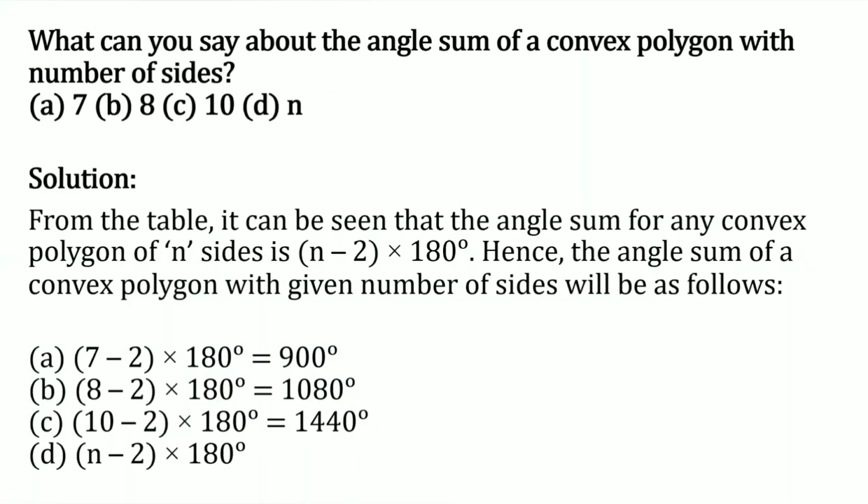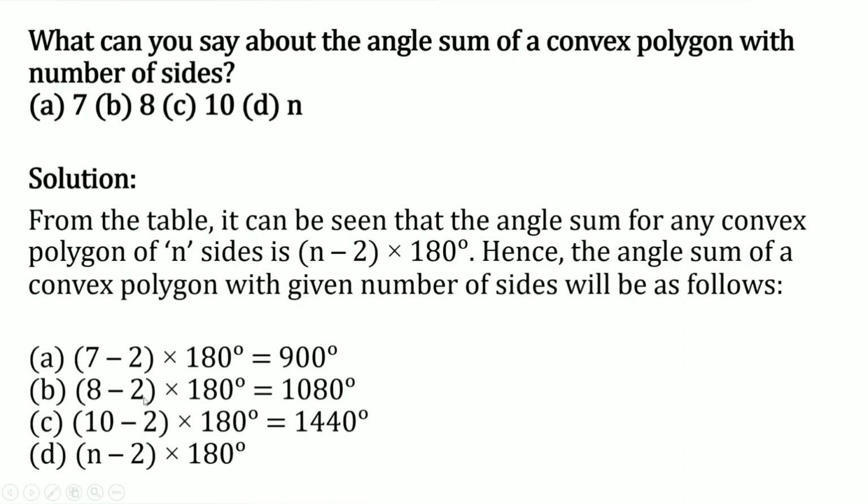What can you say about the angle sum of a convex polygon with number of sides 7, 8, 10 and n? Here, as we have discussed, we have to use the formula n minus 2 multiplied by 180 degrees. So for 7 sides, it will be 900 degrees: 7 minus 2, so it will be 180 into 5.